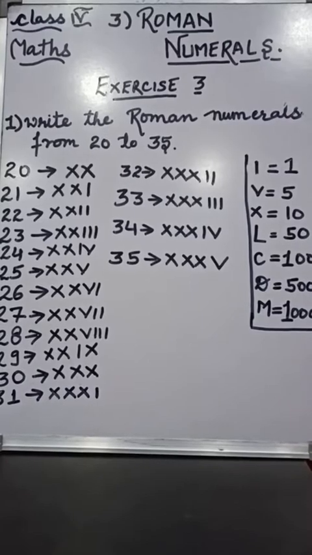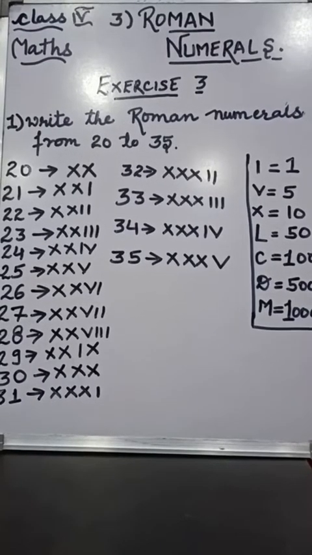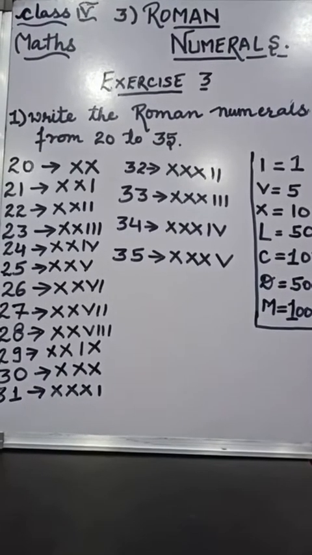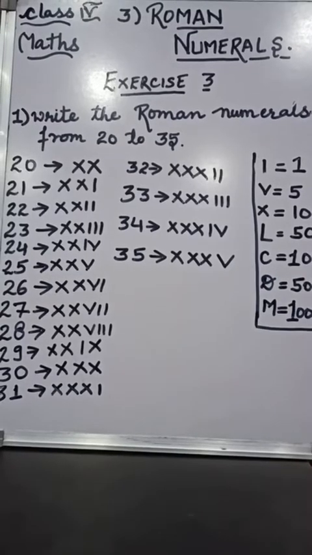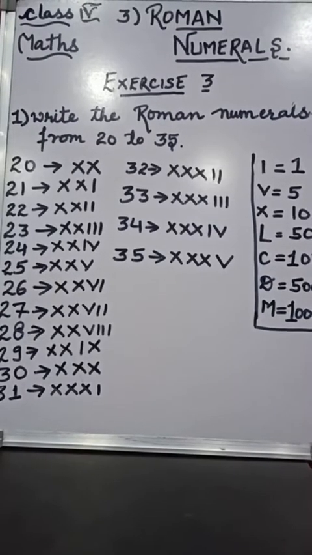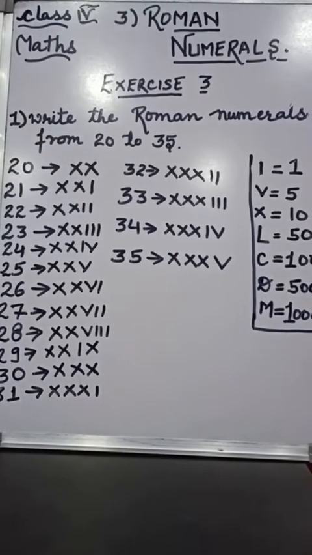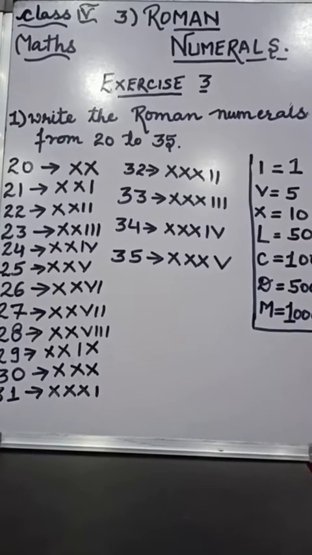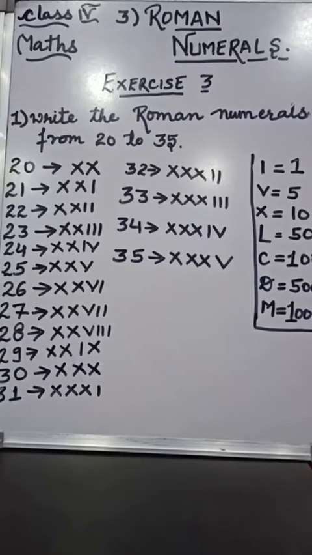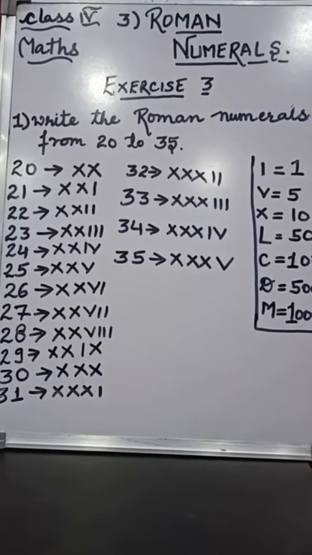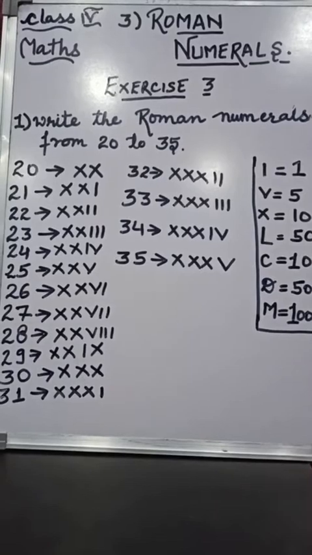You have to learn by heart. If you understand the rules for reading Roman numerals and you have learned this whole chart, reading of Roman numerals will be very easy. Okay, so let's start.